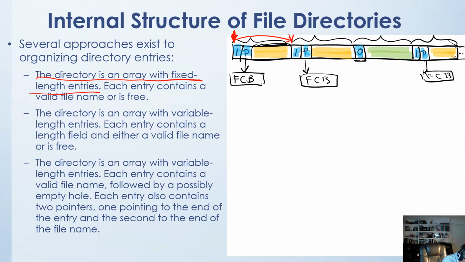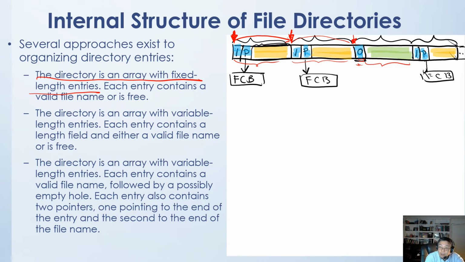So you jump to the next one. And then you jump to the next one because each one has the same size, right? So you can keep jumping. So in that case, you want to search for a hole. So you want to allocate the file, and then you find the bit contains 0. So that means it's not used. It's free. So that's a hole. So then you can actually place a new file into that location.